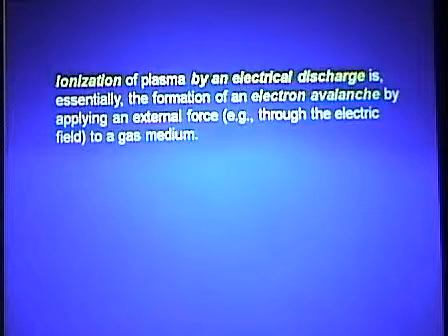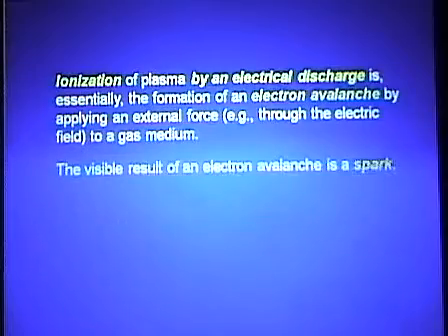In case of lightning, it's the electrical field which produces electrical discharge, and this electron avalanche is actually the result of electrical discharge. So we have ambient electric field in a thunderstorm and a gas medium which produce this electron avalanche and ionize the plasma.